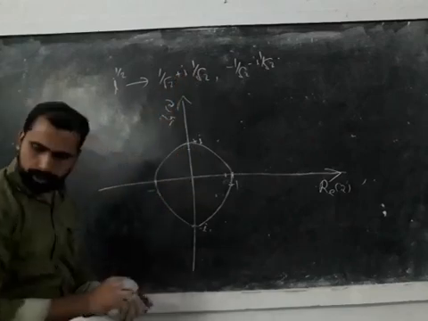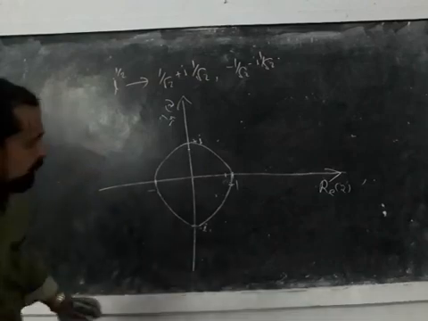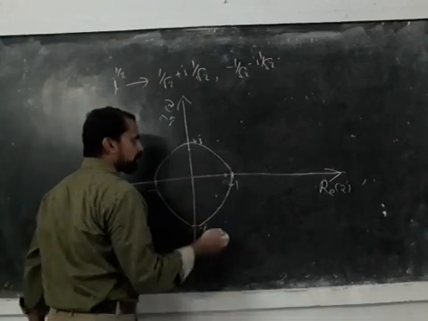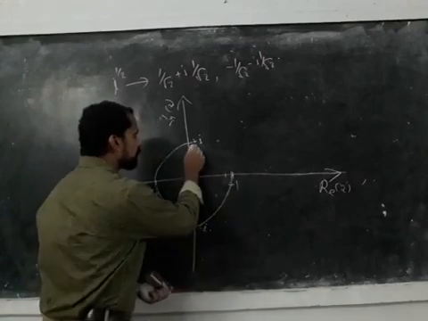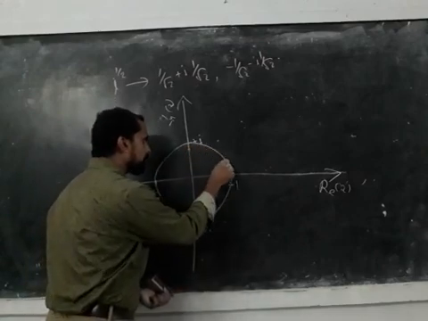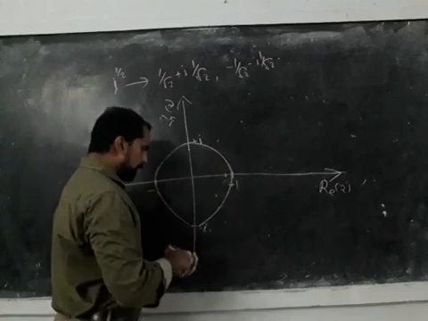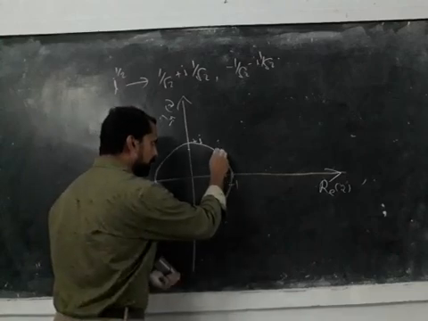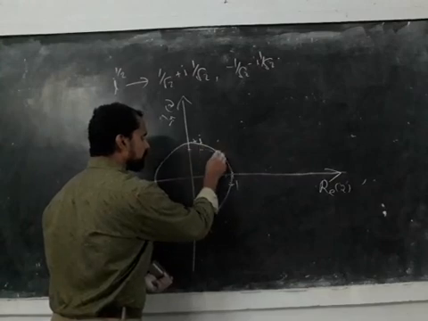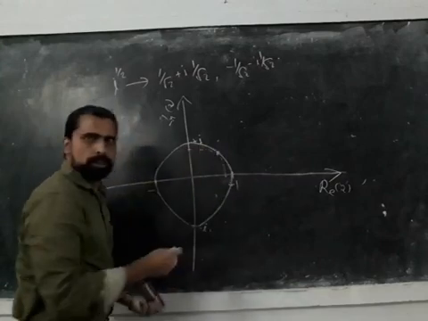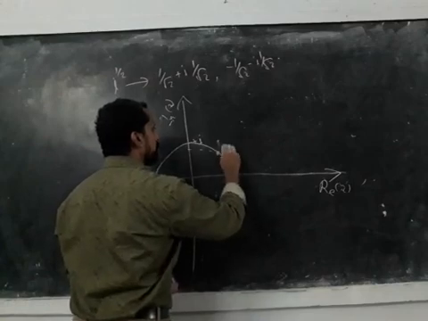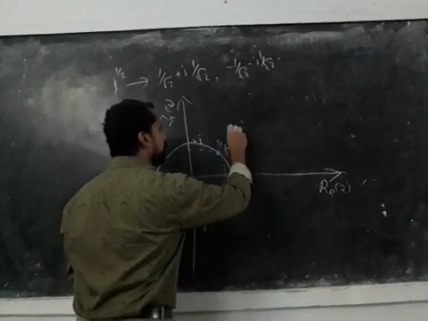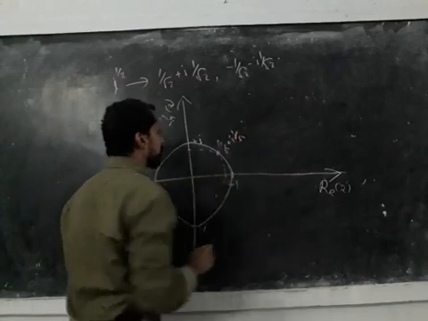Because my circle is not that perfect, we have to redraw it. This will be the point 1 by root 2 plus i 1 by root 2.